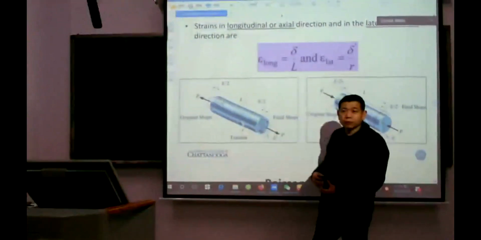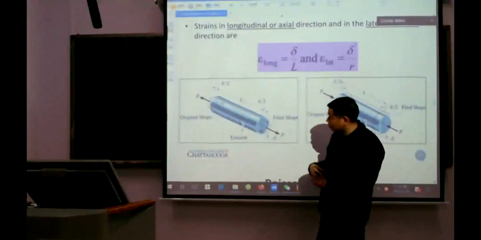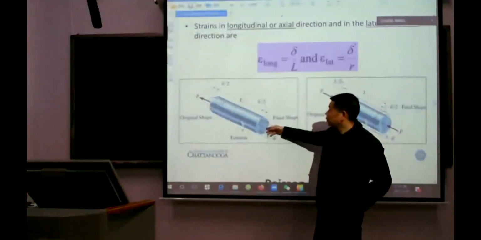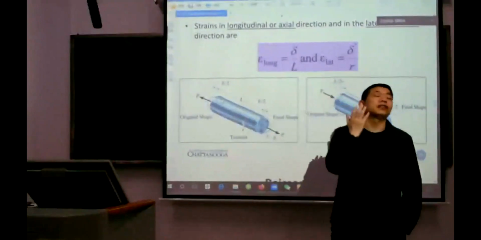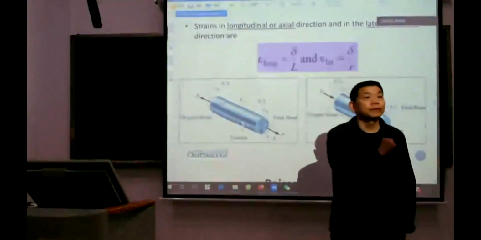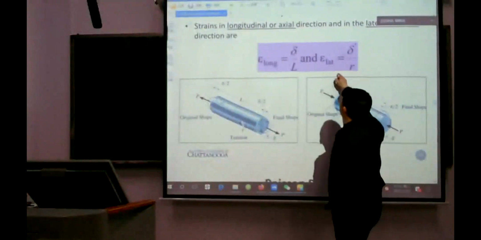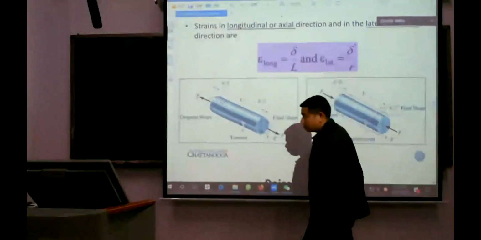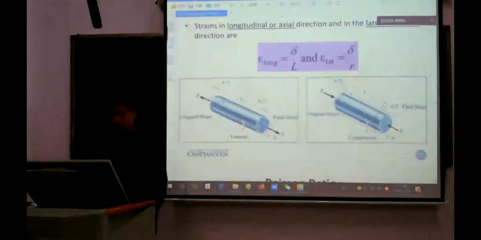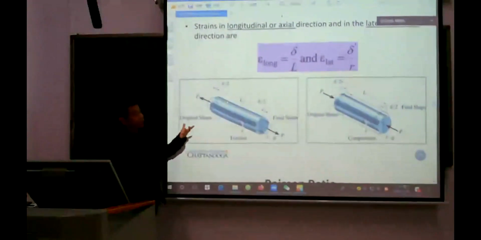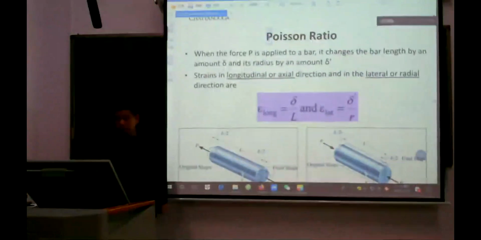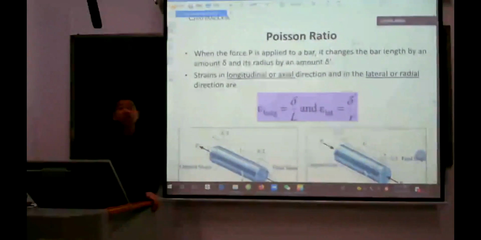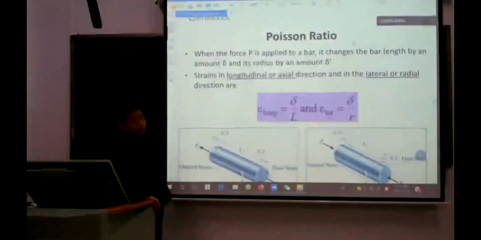Yes or not? It will be less. In this direction, we can also get a strain. The ratio of these two strains we call the Poisson ratio. It's a constant.